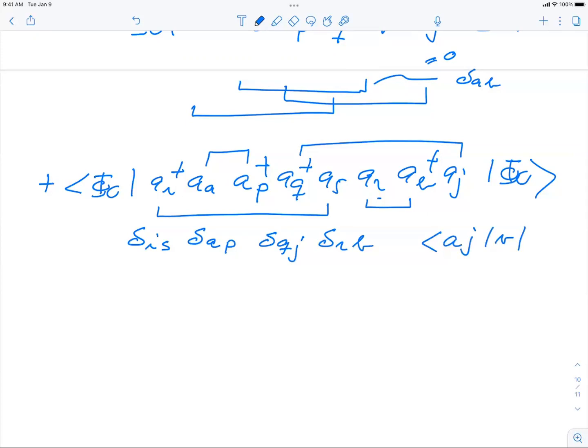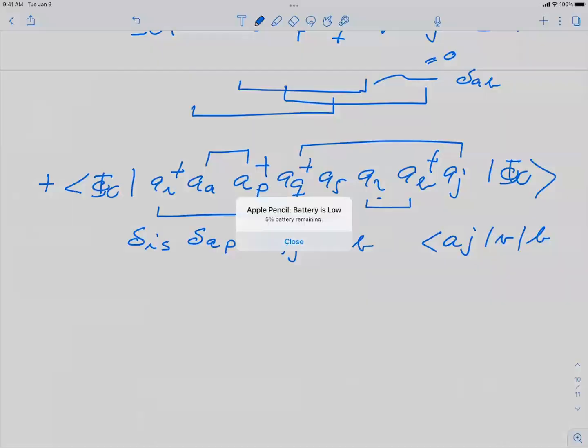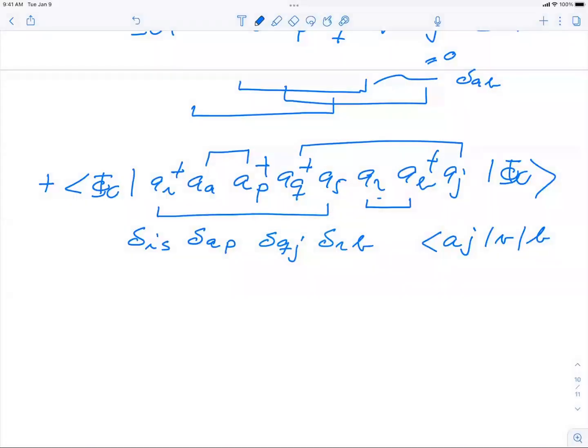So this gives me b, and then this is contracted with i here, like that. Now, for this specific matrix element, you're also going to see that there's a crossing line here, as you can see. That crossing line is going to give rise to a minus sign.